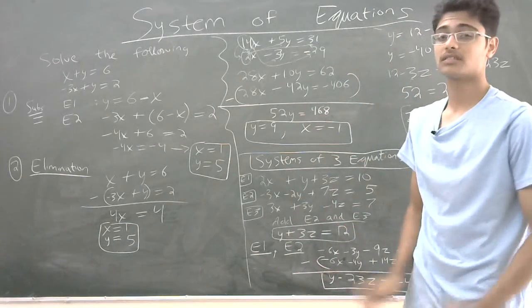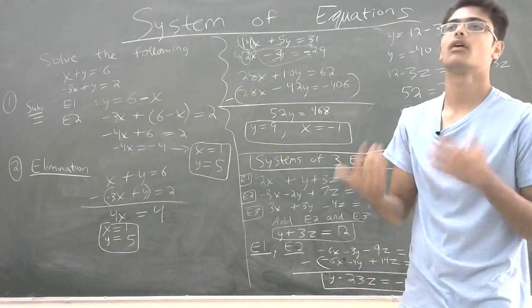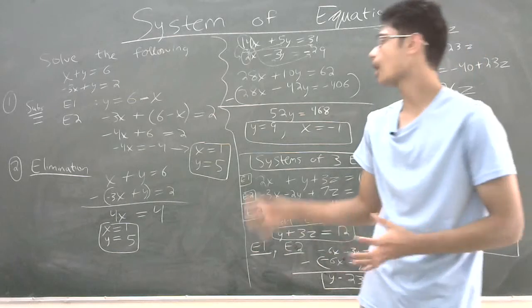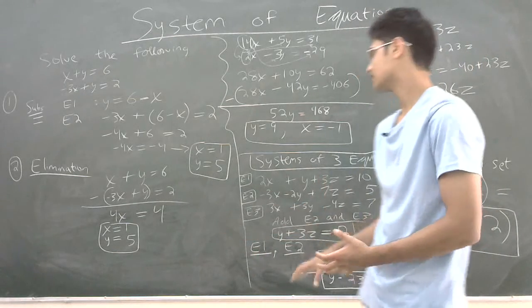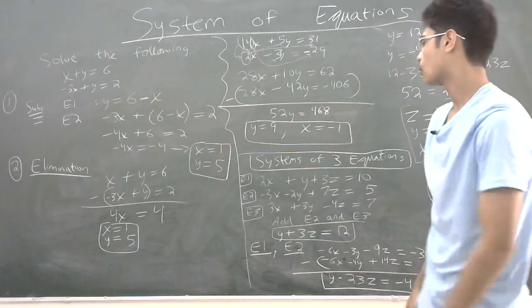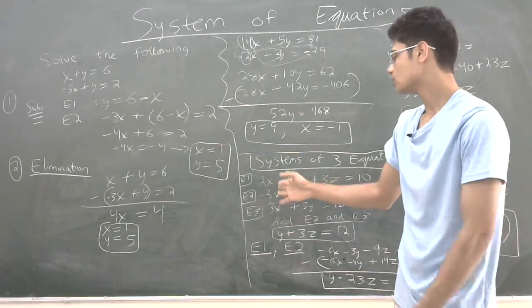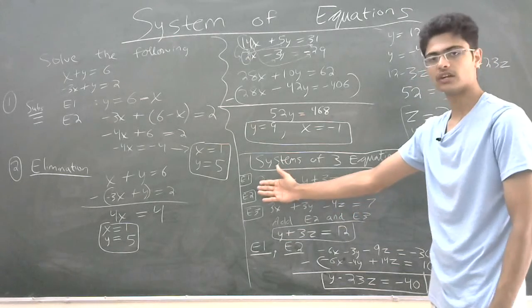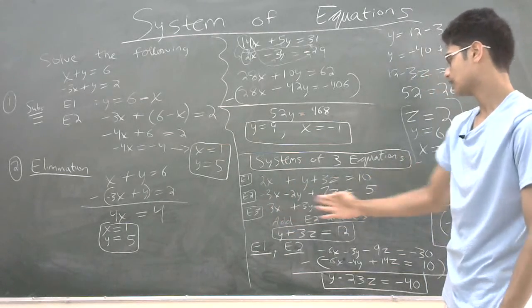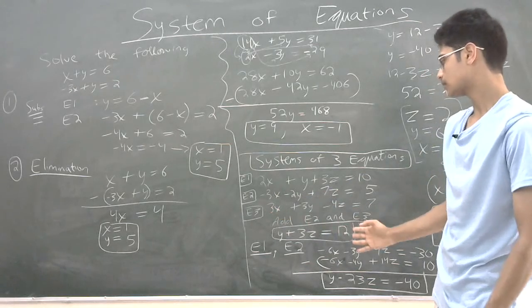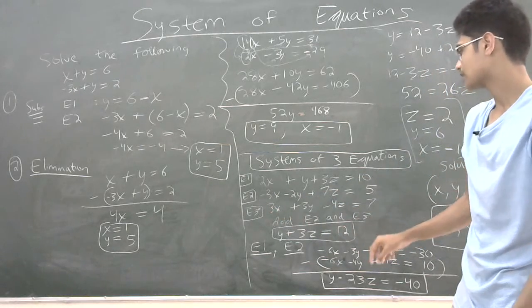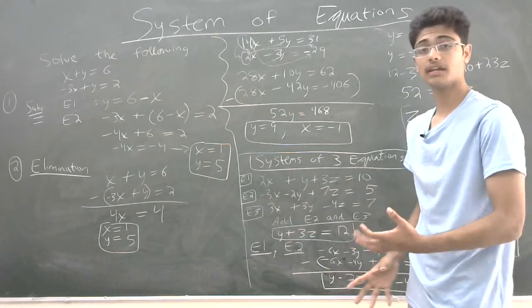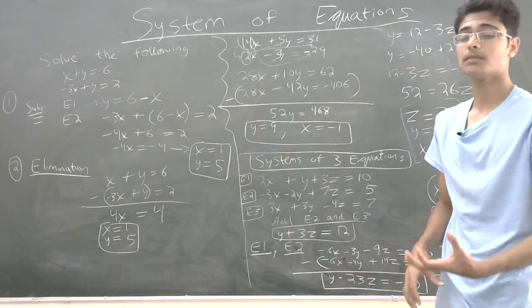But moving on to the next one is a system of 3 equations, and it could go on forever, 4 equations, 5 equations. And really you're using a combination of all different types of methods to evaluate this question. So if you have something like 2x plus y plus 3z is equal to 10 as your first equation, in your second equation you have something like this, and third equation you have something like this. Just looking at this, I can see that there's a negative 3x and there's a 3x, which means these can definitely be eliminated.